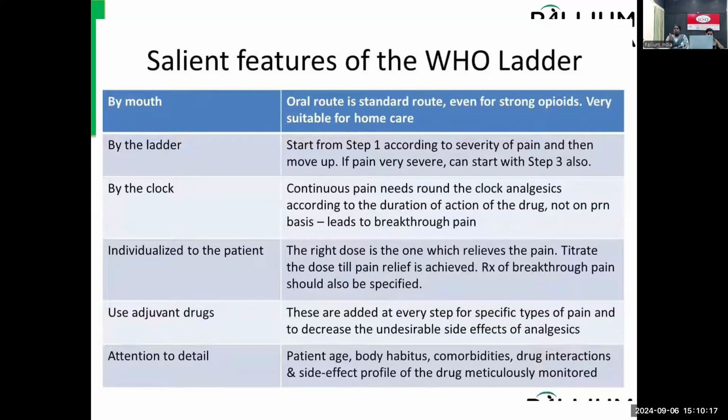That is very important while prescribing analgesics. We also titrate the dose till pain relief is achieved, and the treatment of breakthrough pain should also be specified. So the medicine should be given in an individualized manner.